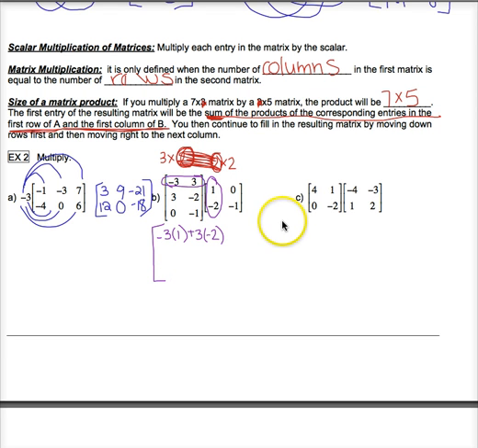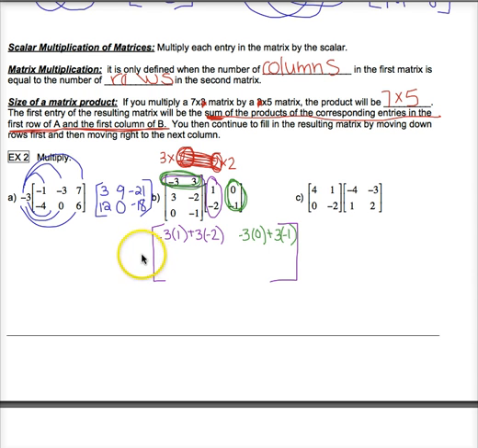Then, as I move along, if I want to do the next entry to finish up my top row, I'm going to take top row times second column. So negative 3 times 0 plus positive 3 times negative 1.